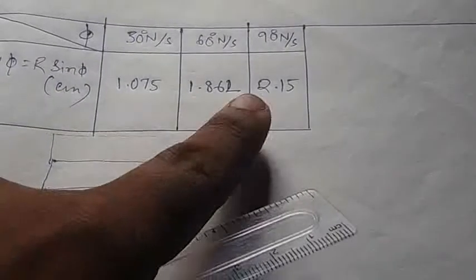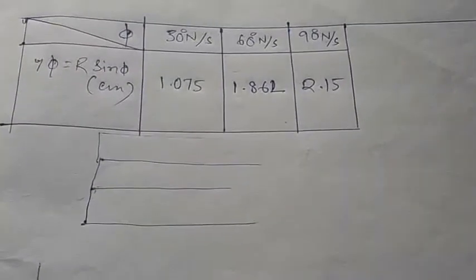So the next value for 60 degree is, as it is given, 1.86. We will consider 1.9 rounded off. So placing it along the equator, from equator I am marking 1.86 or 1.9. I have marked it 1.9, and the next one is for 90 degree, it's 2.15, so we can consider 2.2 again from the equator.